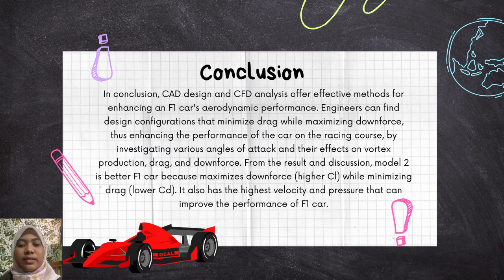From the results and discussion, Model 2 is the better F1 car, maximizing downforce and minimizing drag. It also has the higher velocity and pressure that can improve the performance of the F1 cars.